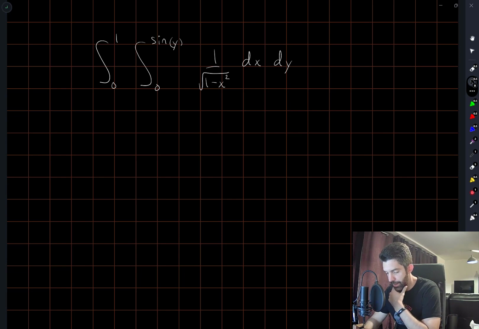And my rough work here is likely just going to be a few trials of guess and check. I'm going to guess a function, take its derivative, and see if I get this 1 over root 1 minus x squared. And then I'll come back and continue with the problem once I have the correct antiderivative.